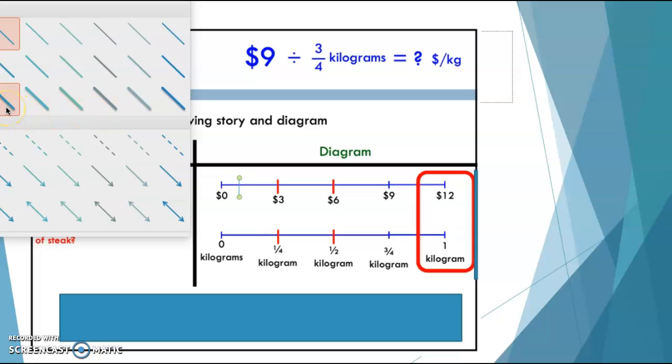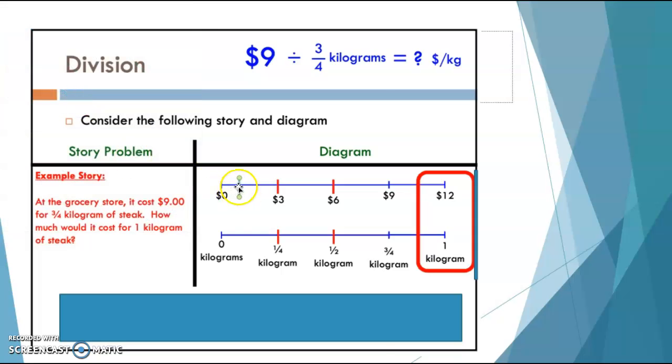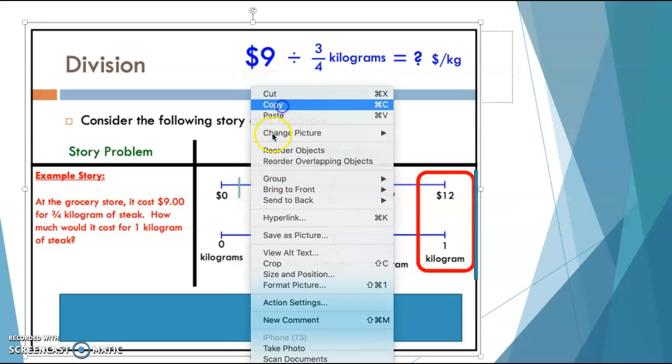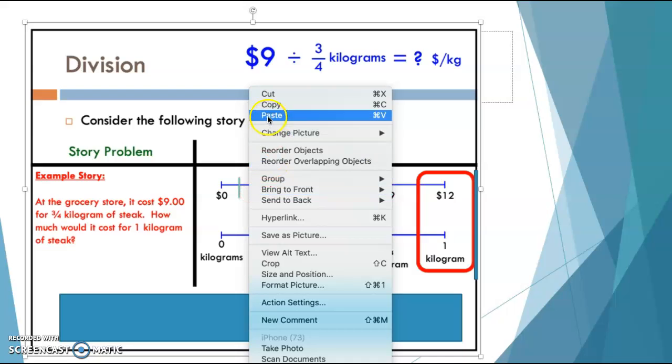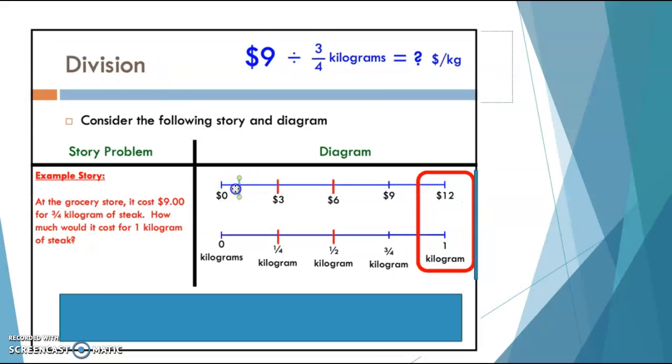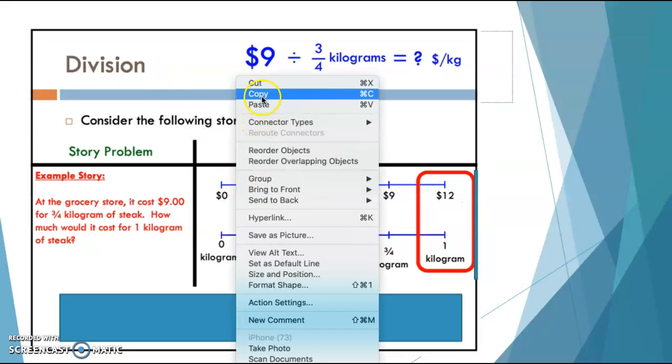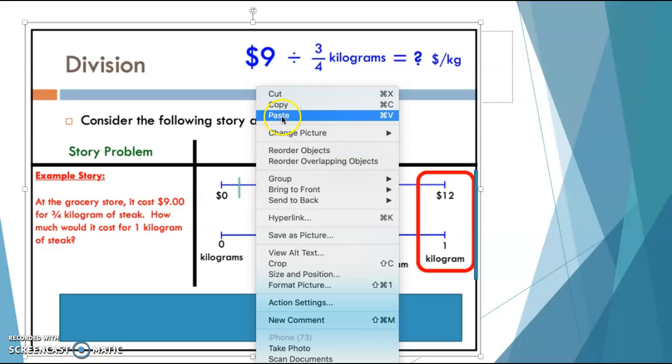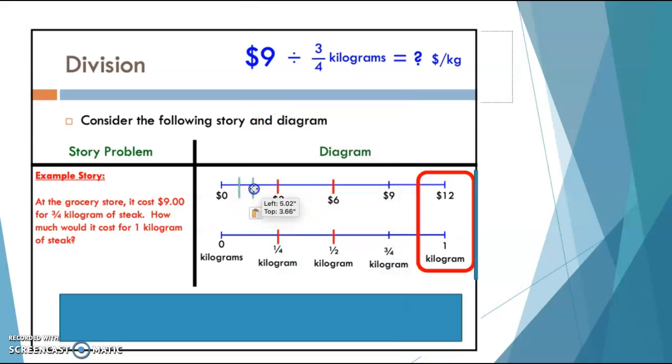Let's make it green, a little bit different. Oops, that's not at all what I wanted to do. I wanted to copy that line. There we go. And so forth and so on.